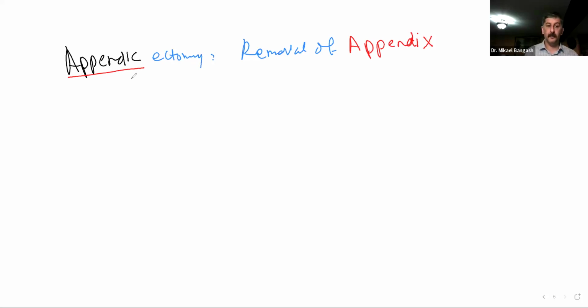Please keep in mind, guys, usually when we have a root word that ends with X and it's followed by a suffix, that X is replaced by a C. Did you guys get that?